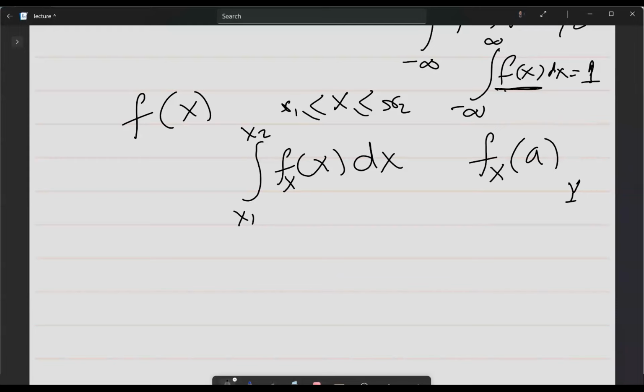So to differentiate between x and y, I put the random variable outside this bracket. So now we can write the probability that x is greater than or equal to x1 and less than or equal to x2 as equal to the integral of f of x dx from x1 up to x2.